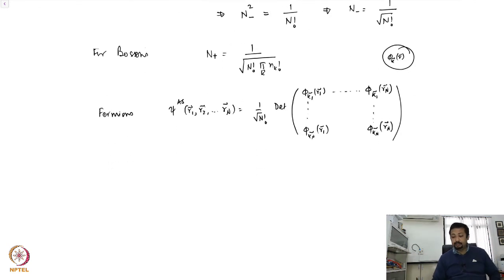And this determinant is what is called a Slater determinant.